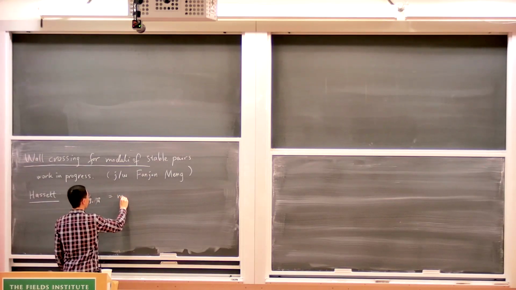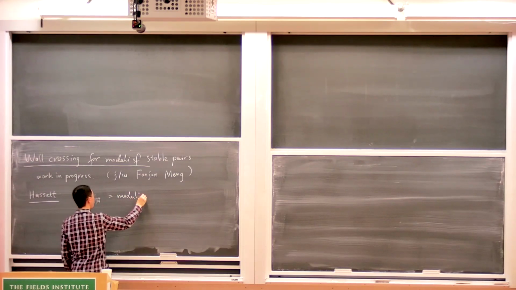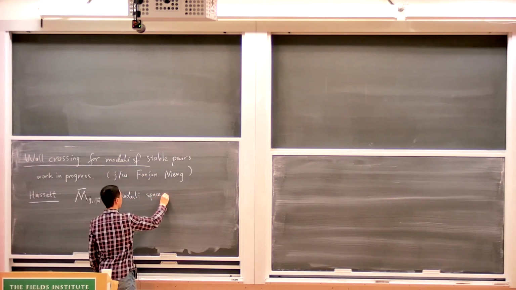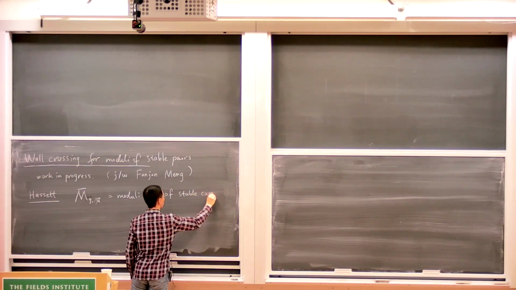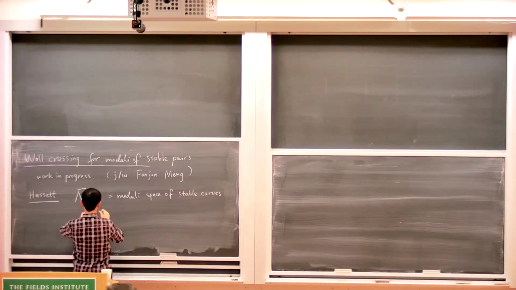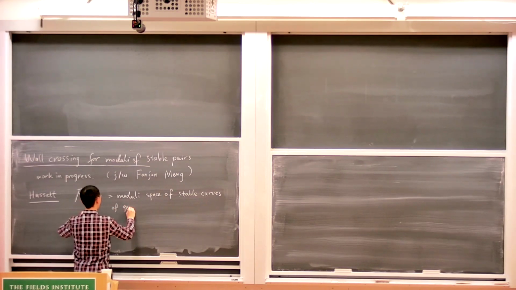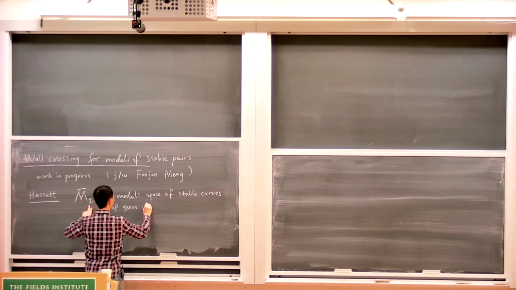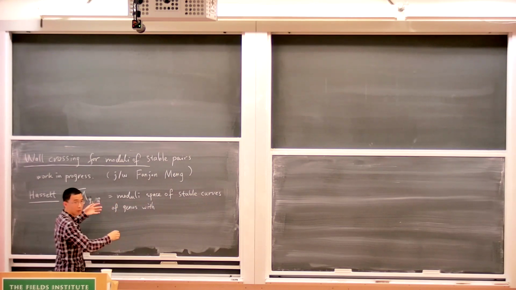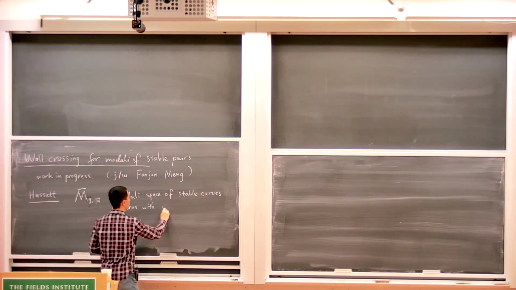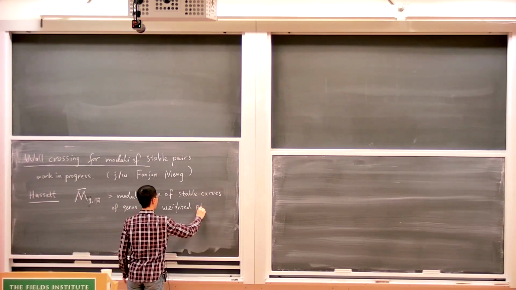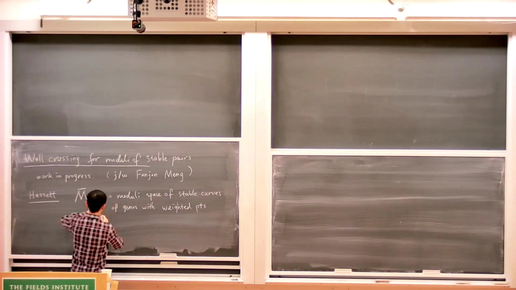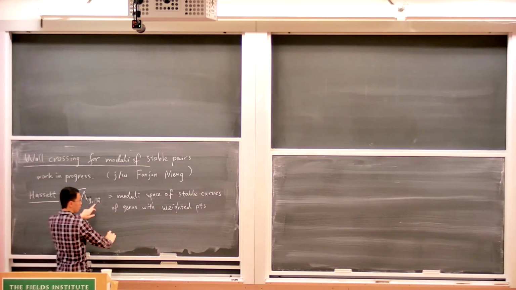So this is the moduli space of stable curves of genus g with a bunch of points, but weighted. And the weights are given by the coefficients in this vector A.